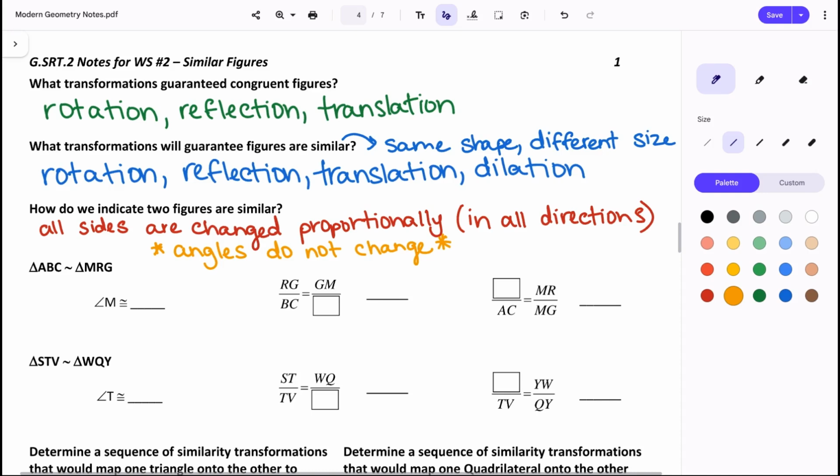So your angles will be congruent to each other in your similar figures. Your sides may not be congruent anymore though, because if a dilation is happening, something could be getting bigger or smaller potentially. So they're not going to be equal, but they're going to be proportional.